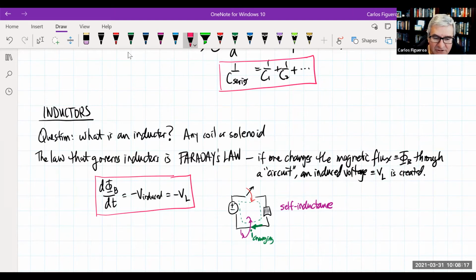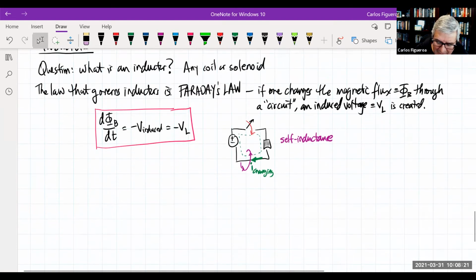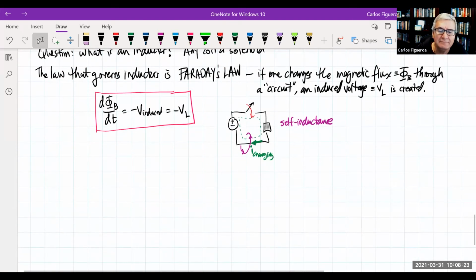This is where I'm going to derive the inductor equation. Just to remind you of what we mean by this: the current flowing into that loop is going to induce a magnetic field that's going to oppose the change.